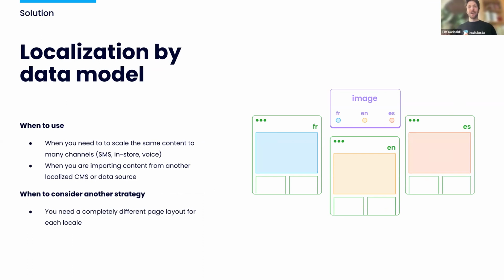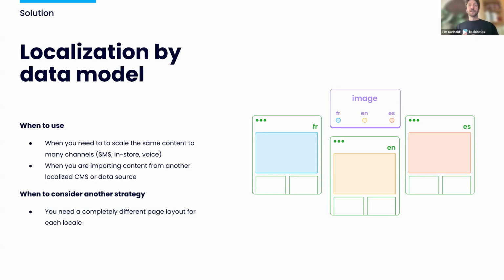That's the biggest power of Builder, that visual CMS capability. But I think people sometimes forget that we also have a full feature-rich, traditional CMS data model capability as well. And so all of these same localization features that you can apply to your pages and your sections, you can also apply to your data models.